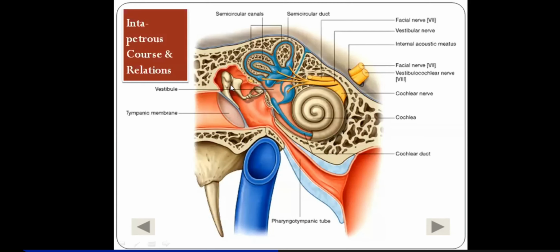You can see the malleus and incus being lodged here in the epitympanic recess. Then you find the internal ear, with two components, the cochlea and the vestibular area. We have the saccule and utricle here, and these are the three semicircular canals.